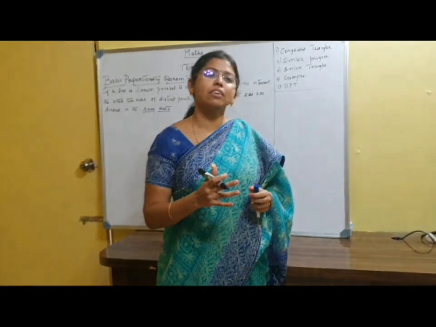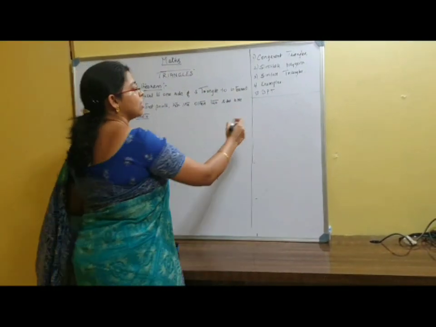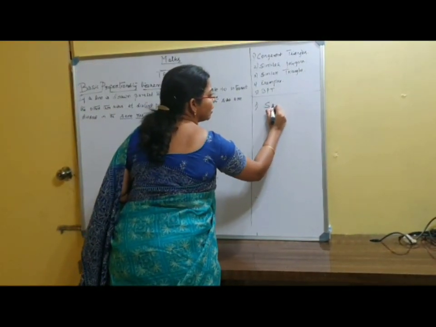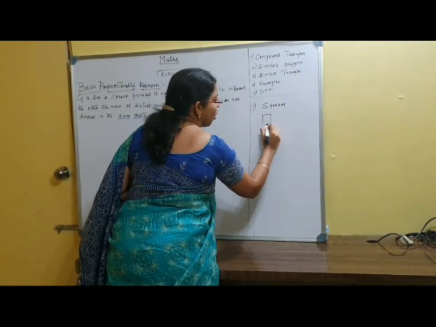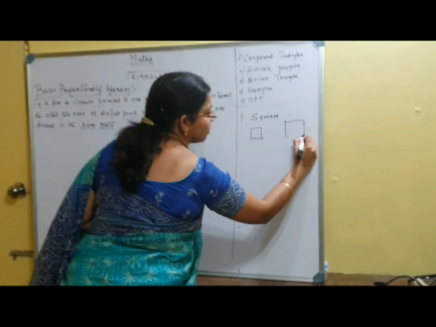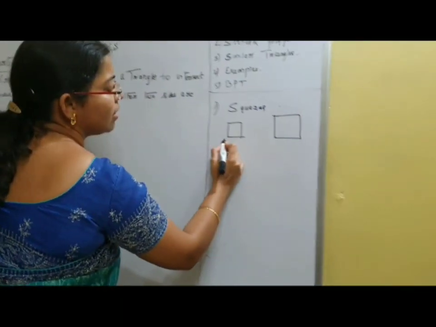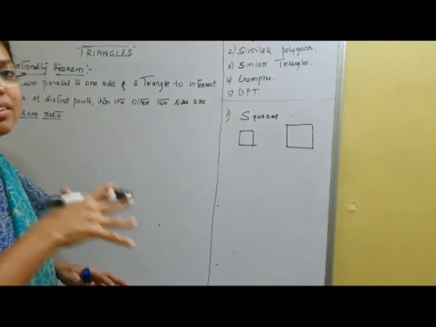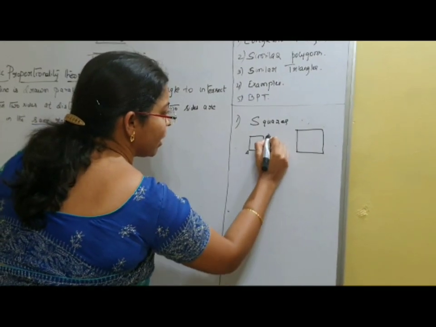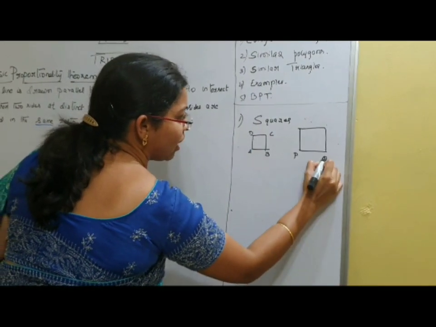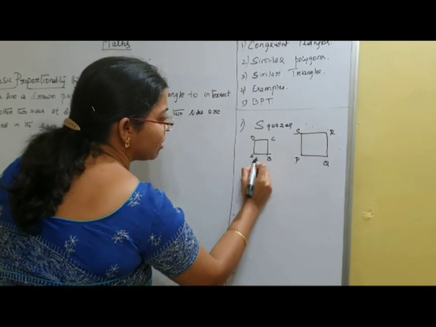So we are discussing similar polygons. There are a few polygons which are always similar. For example, squares. Two squares will always be similar. That is because all the sides are equal in a square. ABCD and PQRS are two squares.